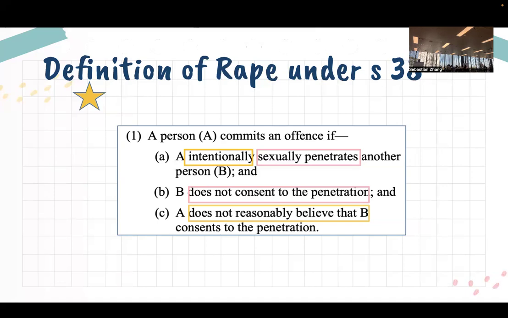Okay, and then once we're done with this, we move on to the mens rea. Mens rea is a subjective and objective test. So first of all, we have the subjective test of the intentionality under section 38(1)(a). This is usually not contentious. If I want to do this action, I do this action.